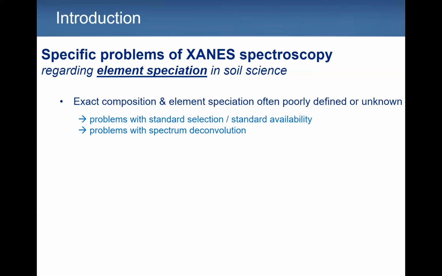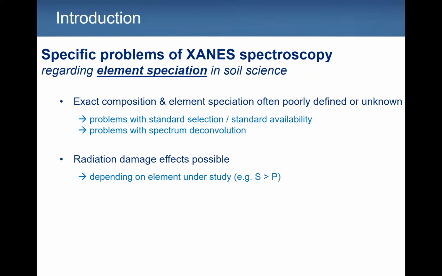So you have problems with the selection of the appropriate standards. And if you know what standard you would like to have, you don't always get it. So you have to prepare it yourself by chemical reactions.